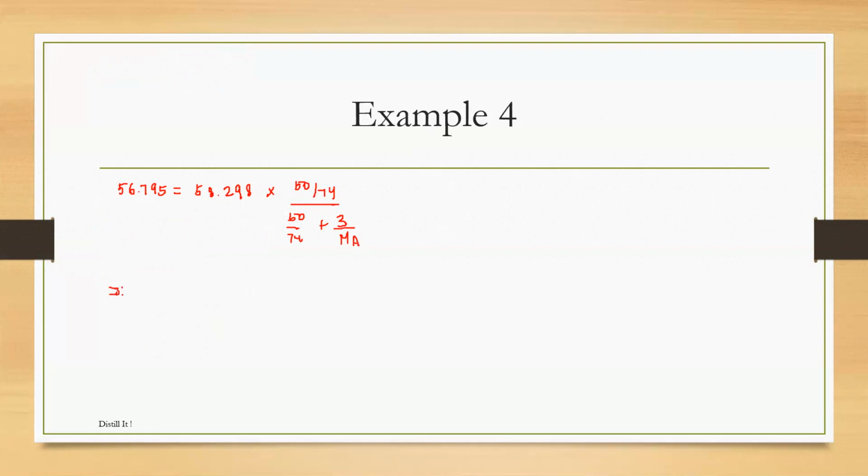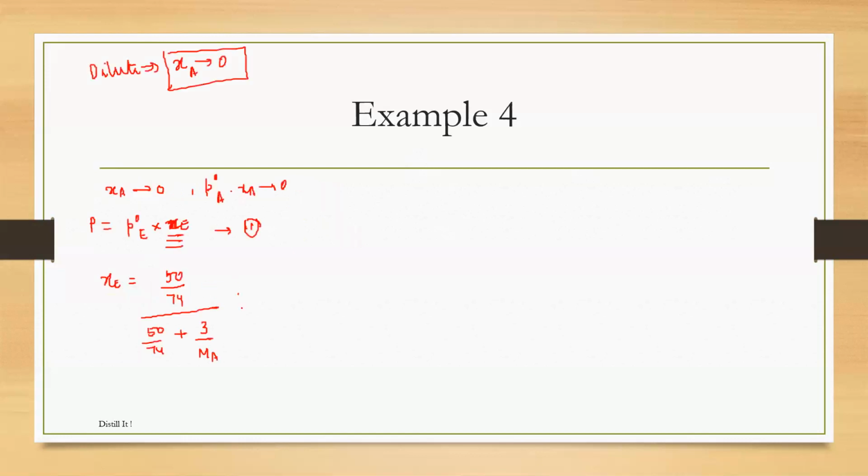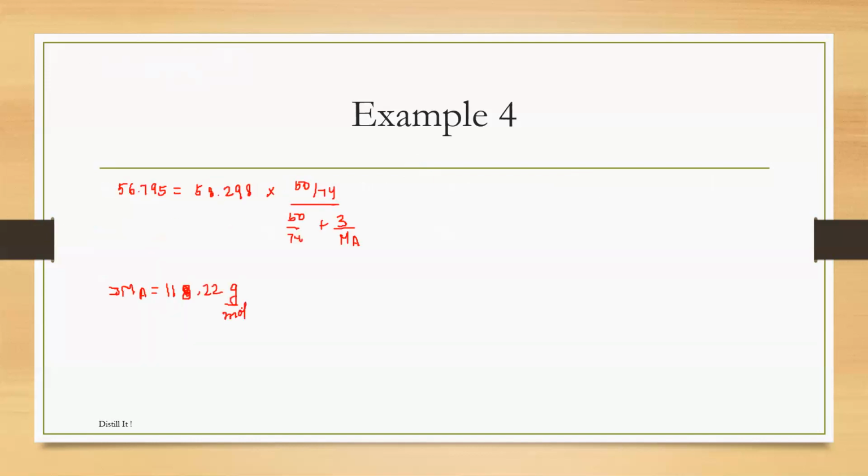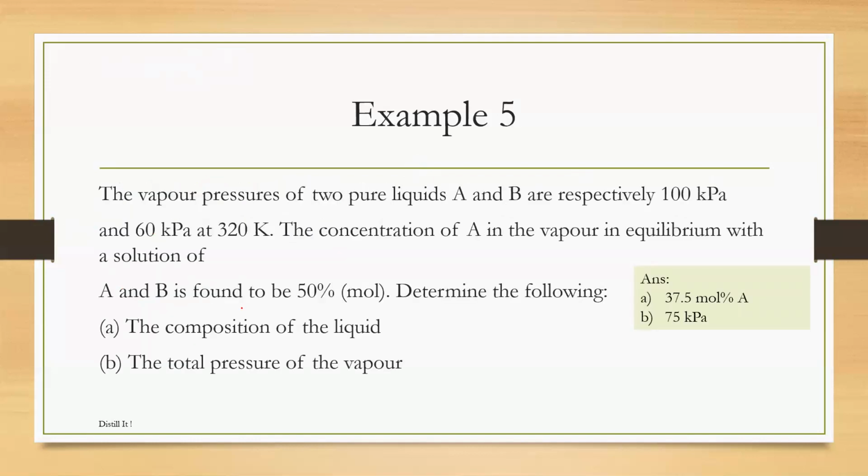So when we solve this equation, we are going to get Ma equals 118.22. 118.22 gram per mole is going to be the unit.